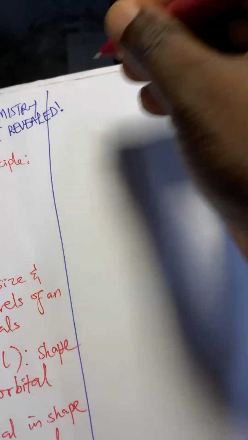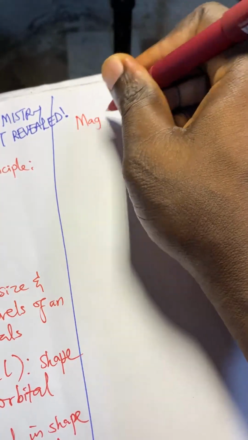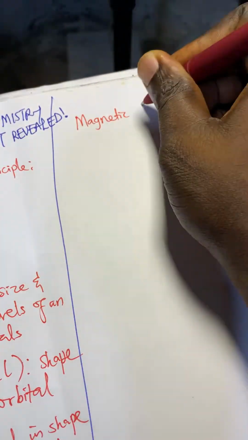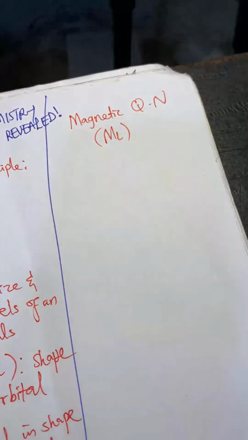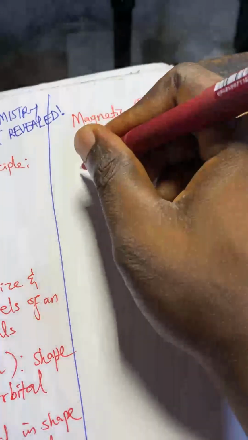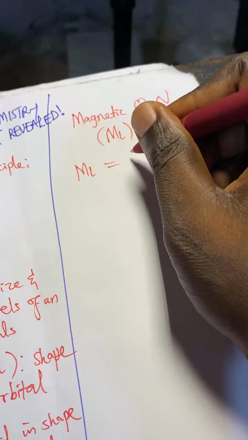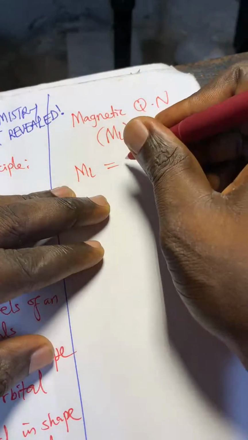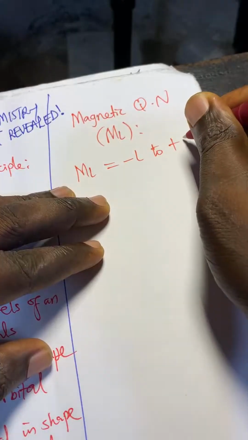That is just it. Now, when we talk about the magnetic quantum number, designated as ml, number one thing I want you to understand is that your magnetic quantum number value depends on the value of the azimuthal quantum number. It ranges from minus l to plus l.